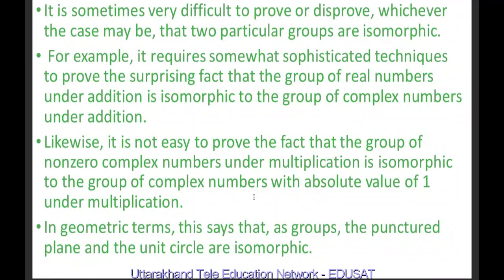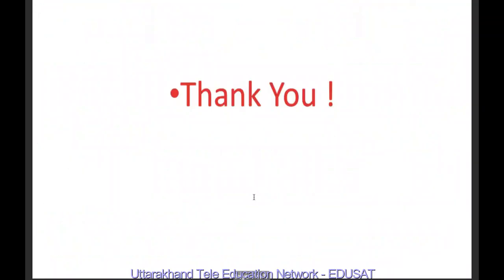Similarly, it is not easy to prove that the group of non-zero complex numbers under multiplication is isomorphic to the group of complex numbers with absolute value 1 under multiplication. In geometric terms, this says that as groups, the punctured plane and the unit circle are isomorphic. Thank you.